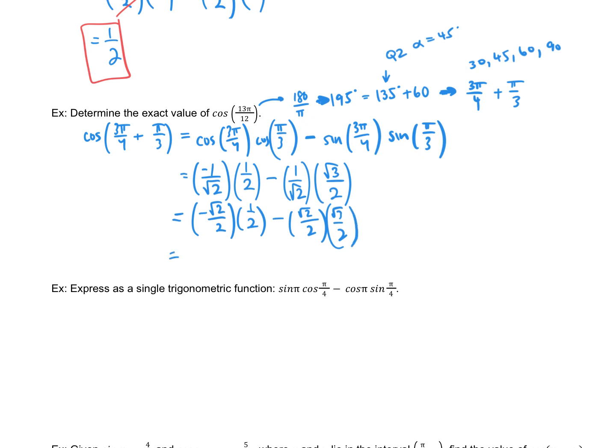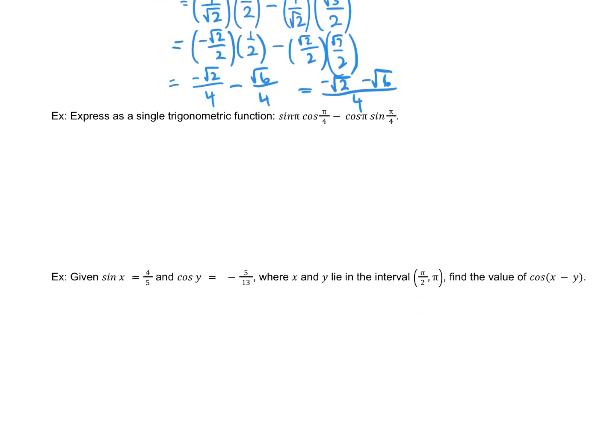And now negative root 2 times 1 and 2 times 2, root 2 times 3 and 2 times 2. We have a common denominator, so we can unite our fractions. So there we go. That's our exact value.